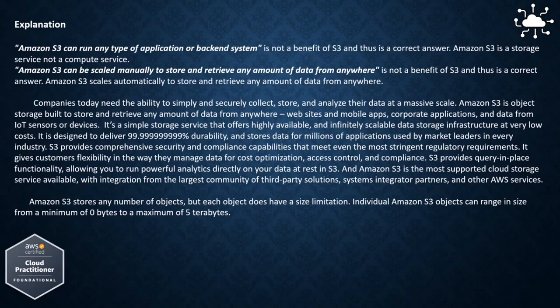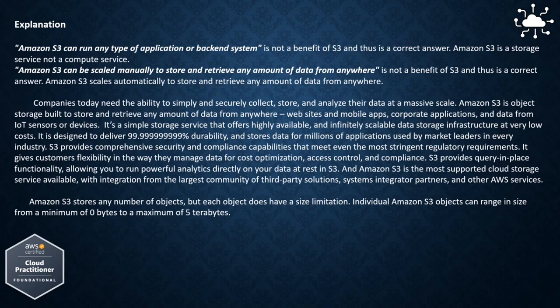Amazon S3 can run any type of application or back-end system is not a benefit of S3 and thus is a correct answer. Amazon S3 is a storage service, not a compute service. Amazon S3 can be scaled manually to store and retrieve any amount of data from anywhere is not a benefit of S3 and thus is a correct answer. Amazon S3 scales automatically to store and retrieve any amount of data from anywhere.